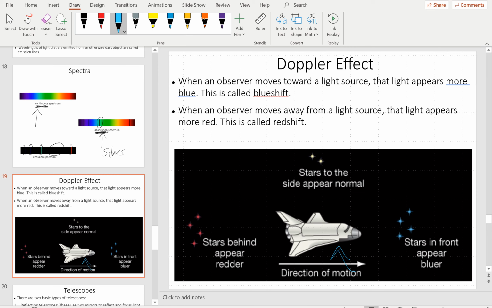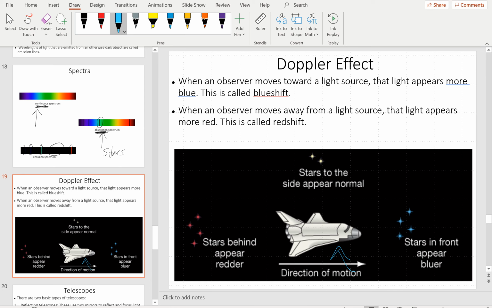The same also happens if the star moves toward you. This is actually the same thing. Moving toward the star, the star moving toward you. The star will appear bluer than it otherwise would. If you're moving away from a star, or if that star is moving away from you, it will appear redder.